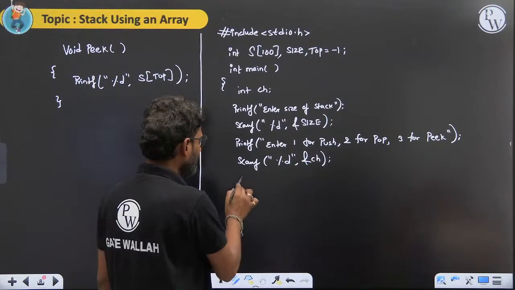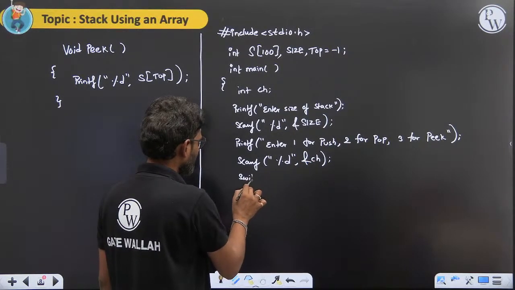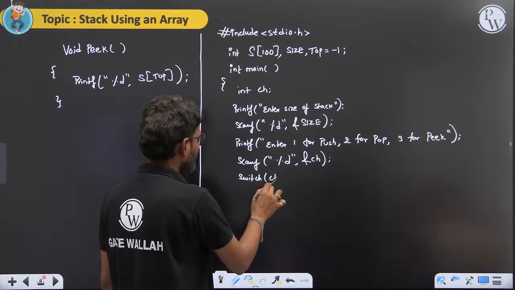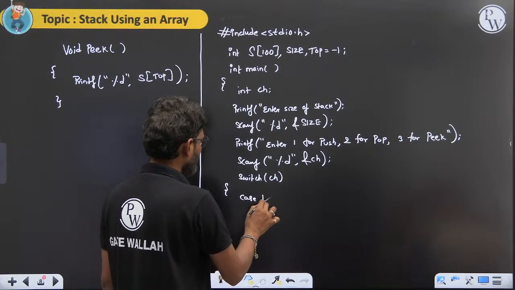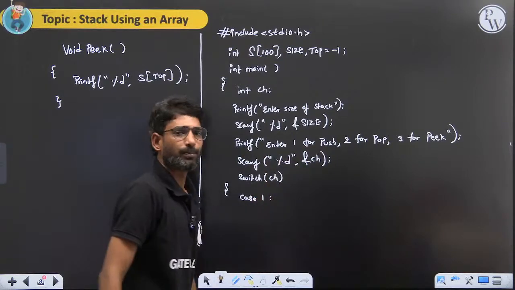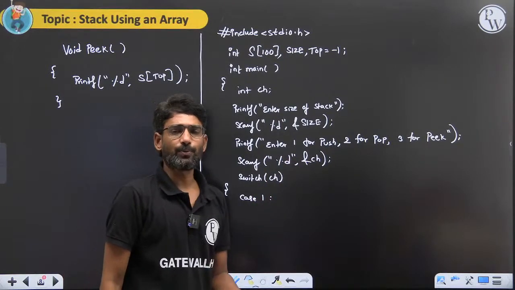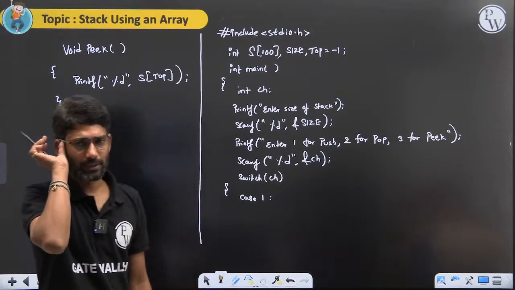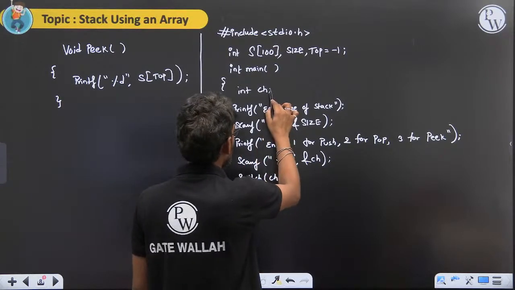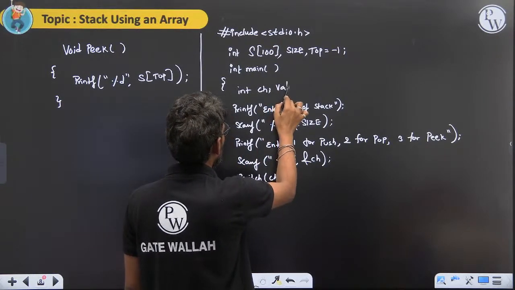Now in the switch I can call these functions. Case 1 I have given for push. So if I want to push, I require value what I wanted to push, isn't it? So let us take value.